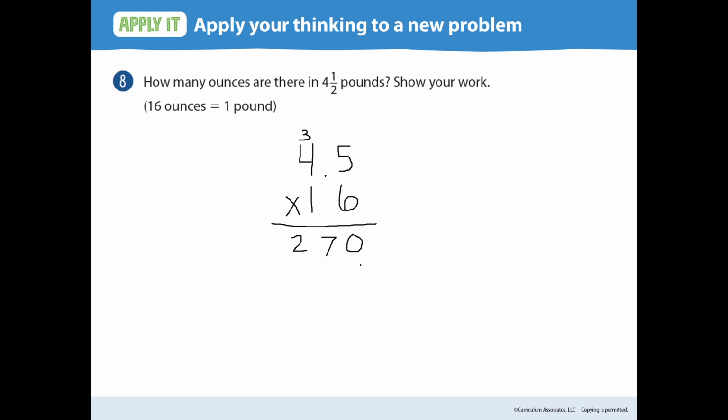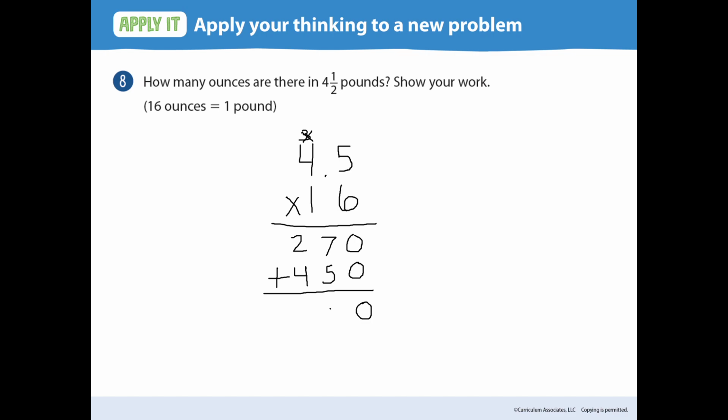And if I'm done with that, I'm going to drop my 0 there. And I want to cross that out so I don't use it again on accident. And then 1 times 5 is 5. 1 times 4 is 4.